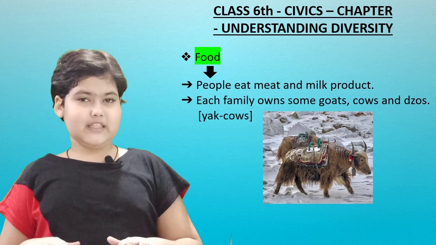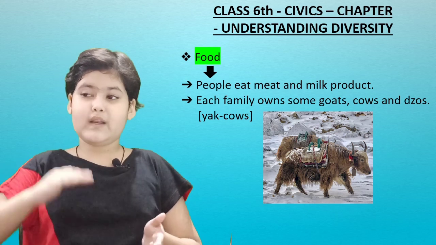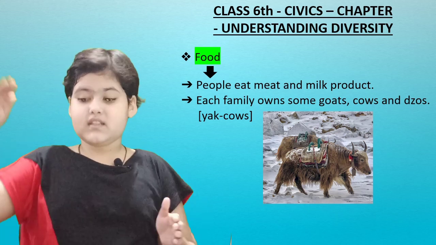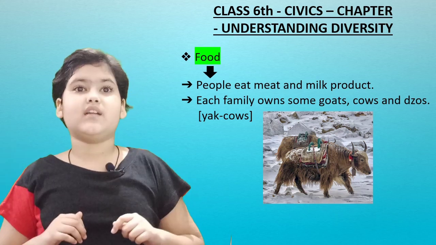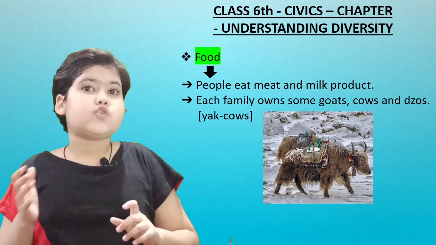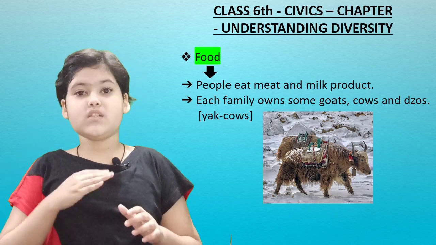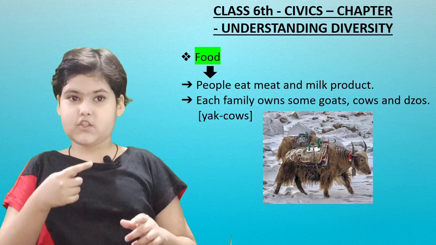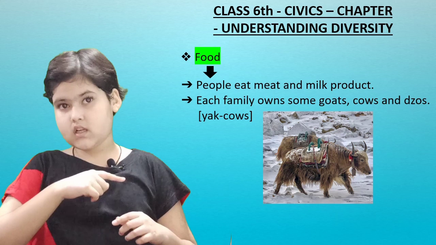For example, if there is a person who needs to go from one place to another, or is coming down from the mountain carrying luggage, then dezos can be used. How? As you can see in the picture, there is a basket-type thing on the back of the dezos, right?